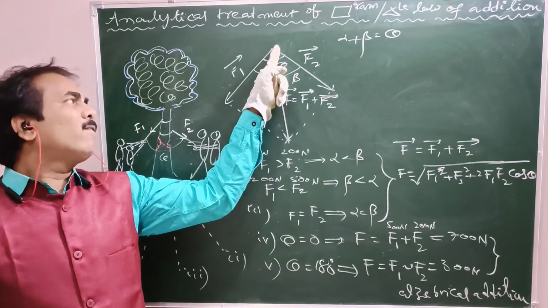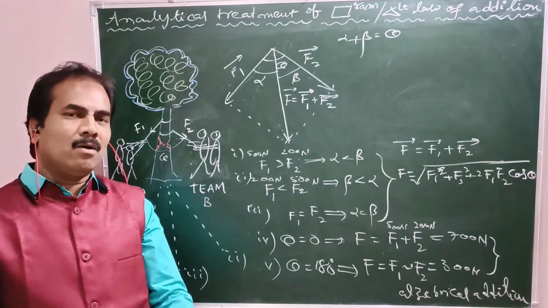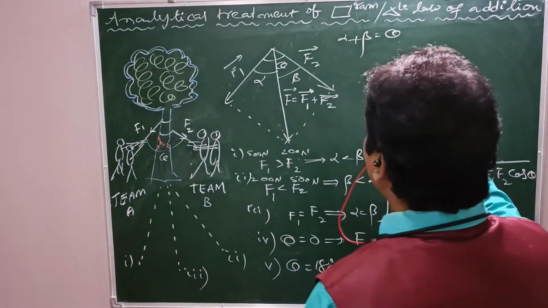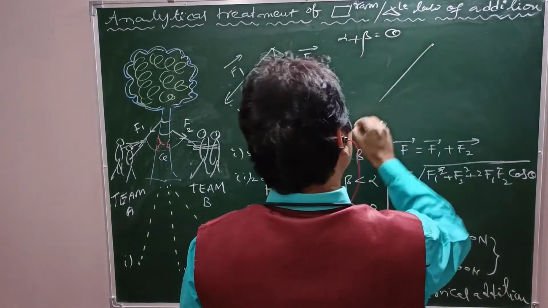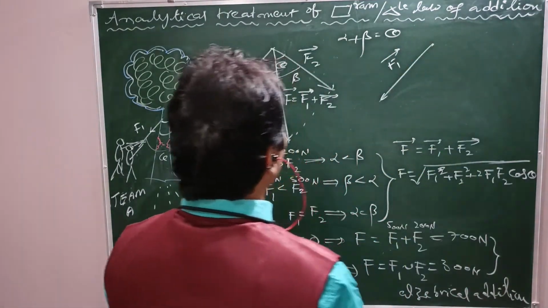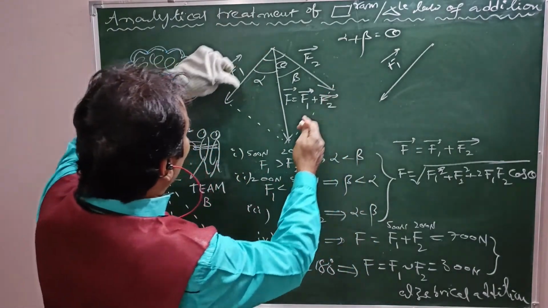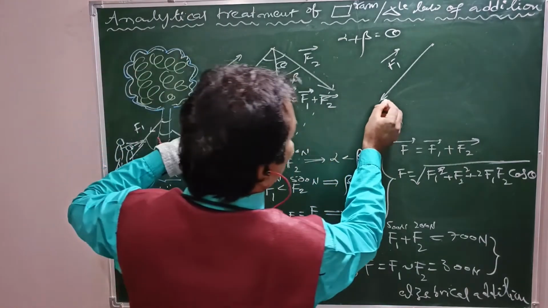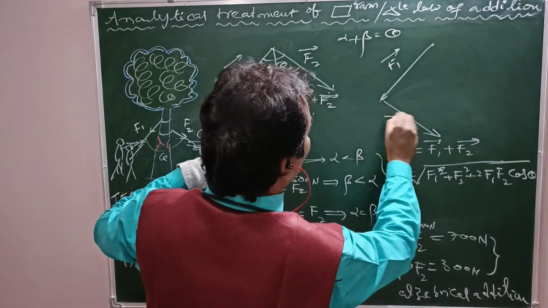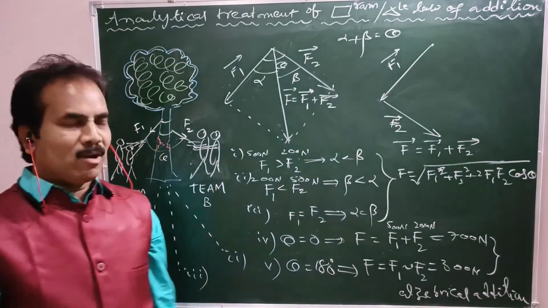If the tail of one vector is joined with the head of another vector, now we can construct a triangle as shown. This is F1 bar. Now take this F2 bar, shift it parallel to itself and join somewhere here like that. This is F2 bar. See, the tail of F2 bar coincides with the head of F1 bar.